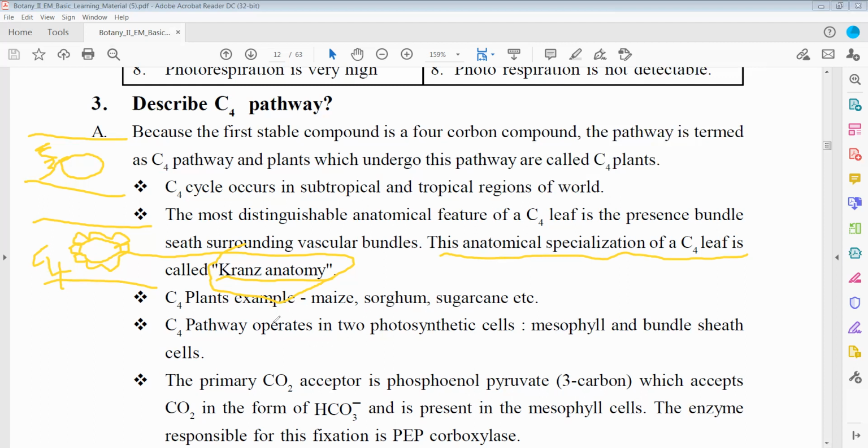Examples of C4 plants: maize, sorghum, sugarcane.